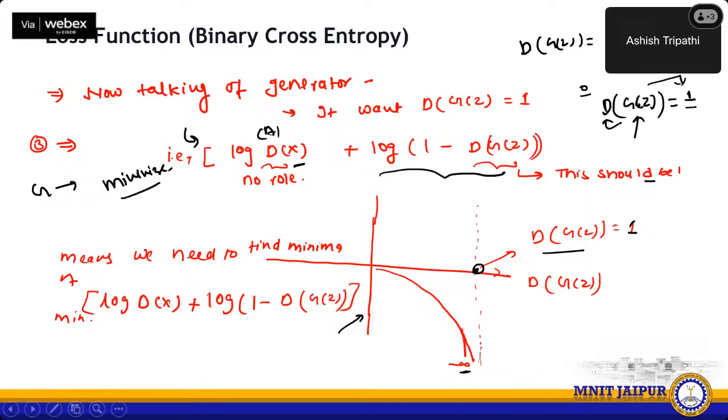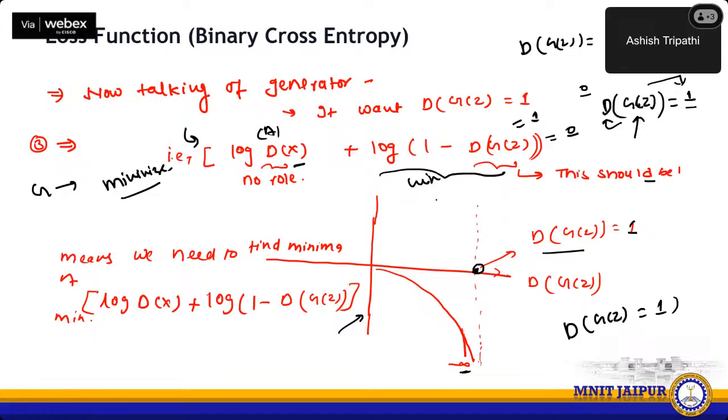Generator G wants to minimize this. Why? Because generator G wants the output of D of G of z to be equal to 1. This is the willingness of the generator. And when this is equal to 1, this entire factor will be minimum because 1 minus D will become 0. And when D of G of z is equal to 0, this entire factor will be maximum.